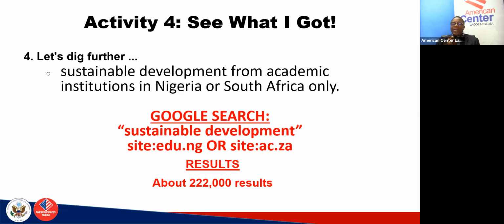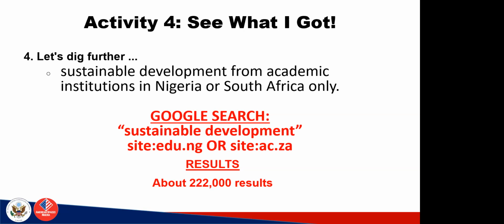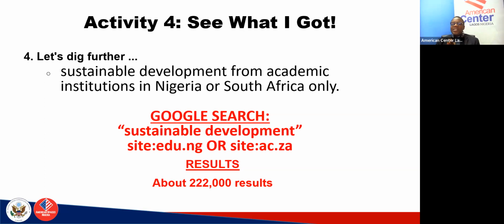If you hear of ac.za, it's only academic institutions that have that domain name in South Africa. The same thing in UK is ac.uk. So you need to first of all find the domain name for academic institutions so that you can then use it.